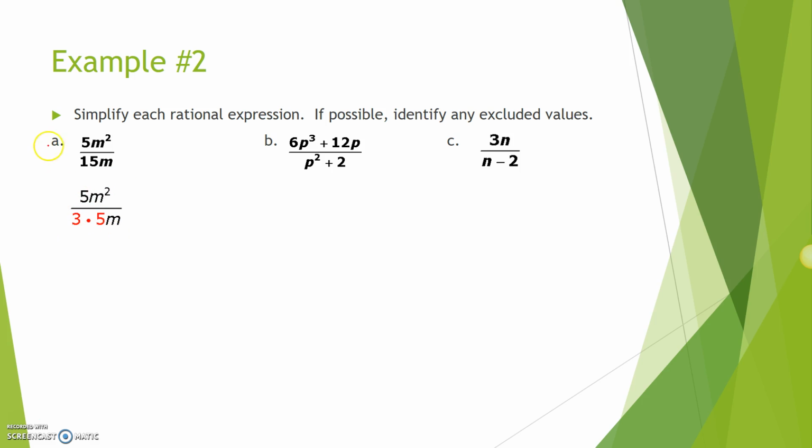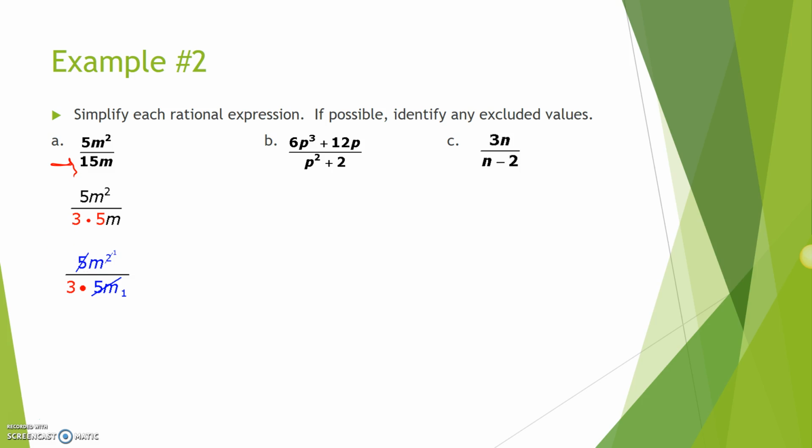We're going to look at the denominator, that 15m, and factor it, and we get 3 times 5m. Then we are going to divide the common factors. The common factors are going to be the 5m.